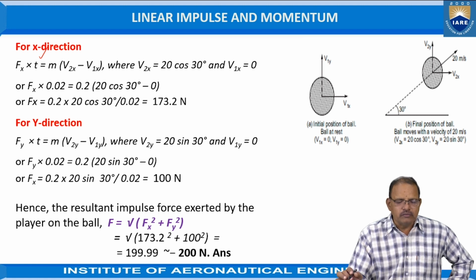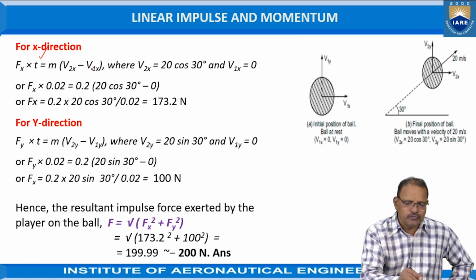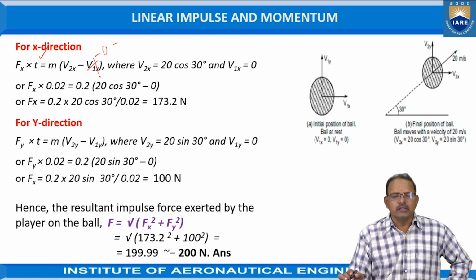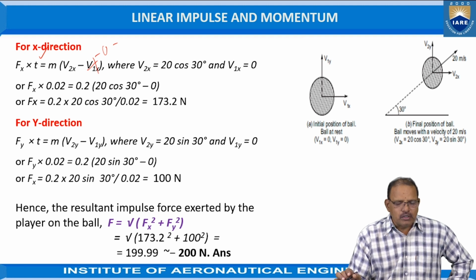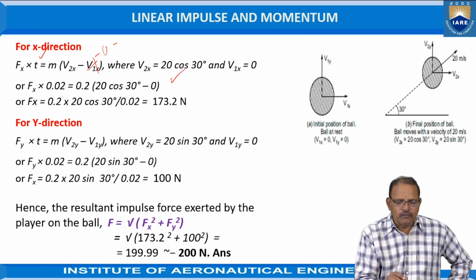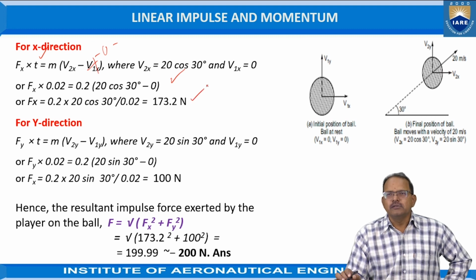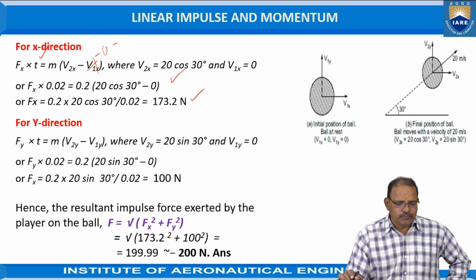Since v1x is equal to 0, Fx into 0.02 is equal to 0.2 into (20 cos 30 minus 0). From this relationship, we get Fx equal to 173.2 newtons.